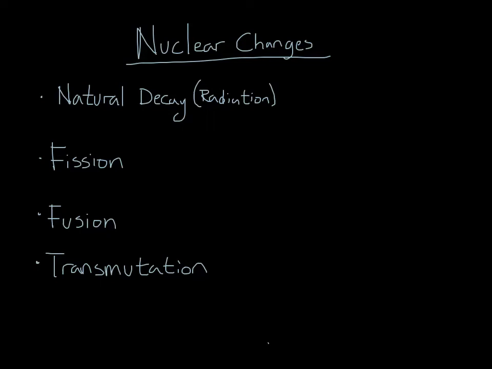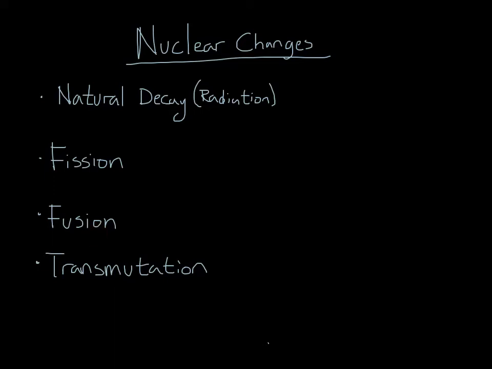We're going to go through and talk about them one at a time. There's natural decay, or what we commonly know as radiation. So when you hear the term radiation, hey, this thing's radioactive, this thing gives off radiation, what they're referring to is natural decay. There's also fission and fusion. Fission, this would be what they would use in power plants. It's also what they use in the atomic bomb. Fusion, you'll hear them talking about fusion sometimes.